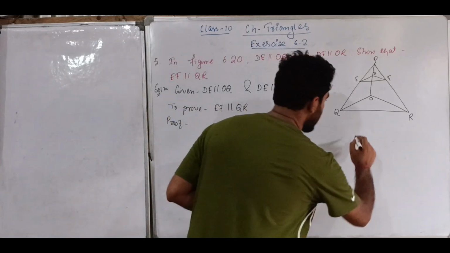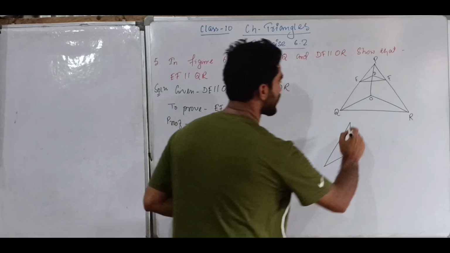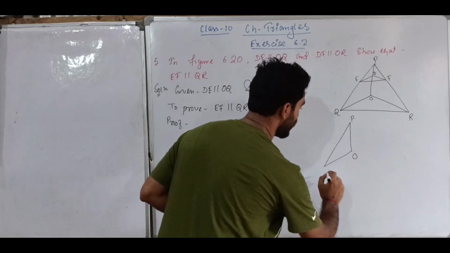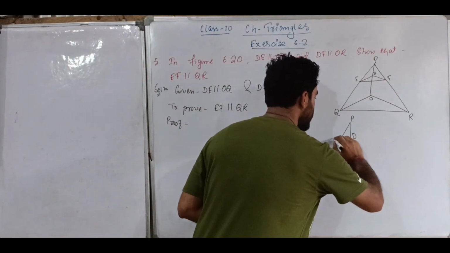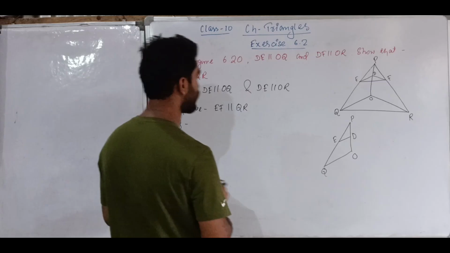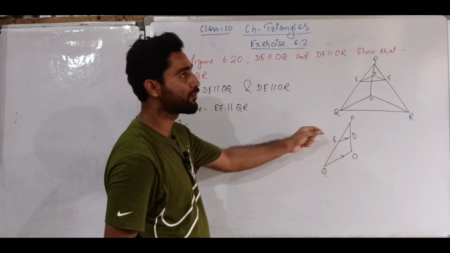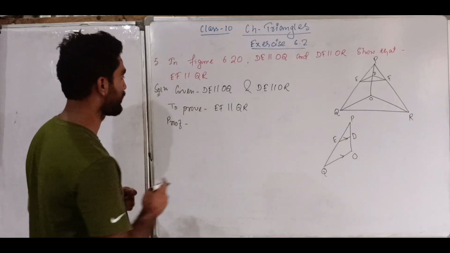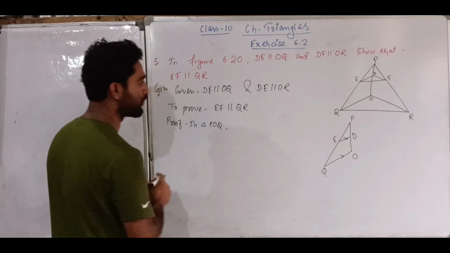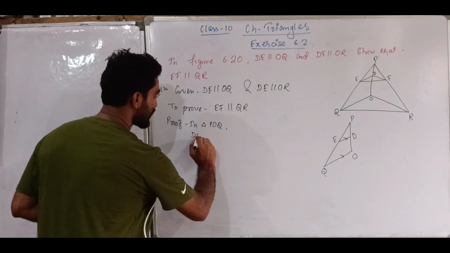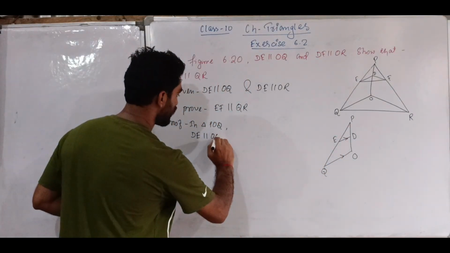So here I can see one triangle, that is the triangle POQ. And in this triangle, according to the question, DE is parallel to OQ. So again you see one triangle is there, parallel lines are there, so we can apply the BPT or the Thales theorem. So in triangle POQ, DE is parallel to OQ.